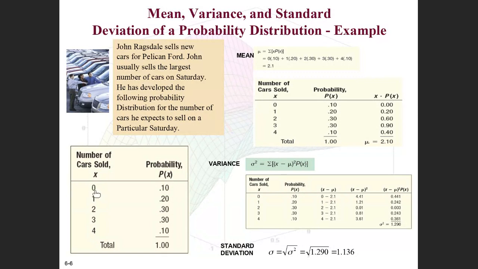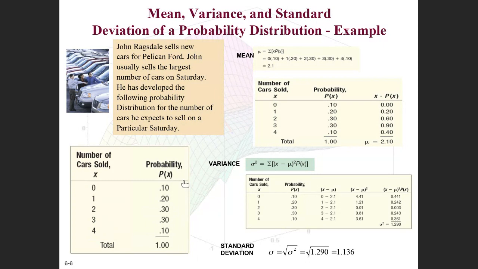When he's not sold any cars, the probability is 10%. He sells one car, it's 20%. Two cars, 30%. Three cars, 30%. Four cars, 10%. The total, 100%, or in decimals, 1. Any questions about that?